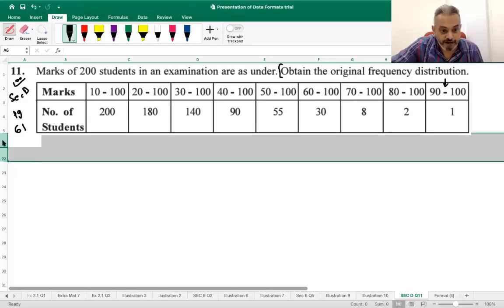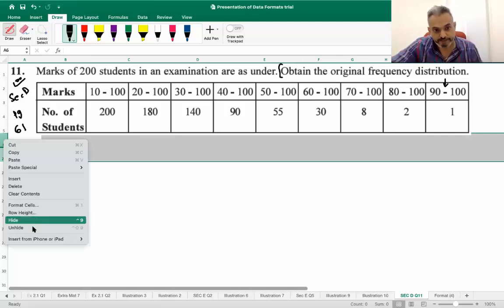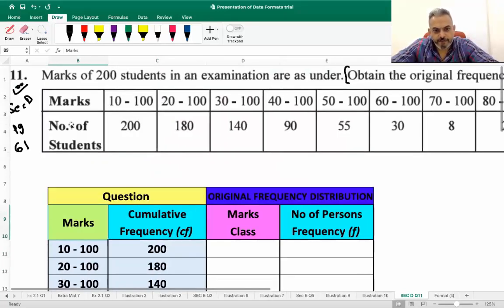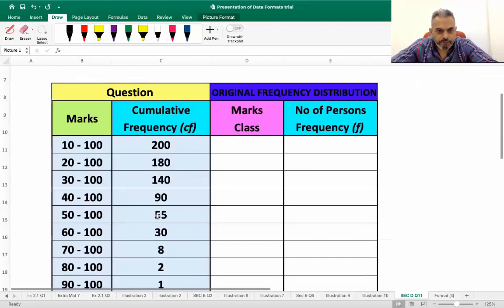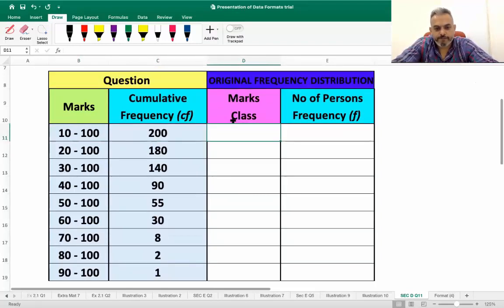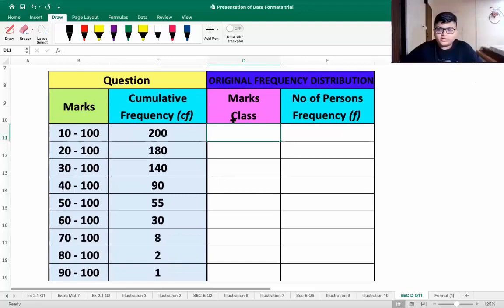So first let's make the format. Now we have the question over here, which is marks, and we are given just number of students, which is actually our cumulative frequency. Now 10 to 100 is 200, 20 to 100 is 180. So what will be our first class? 10 to 20.